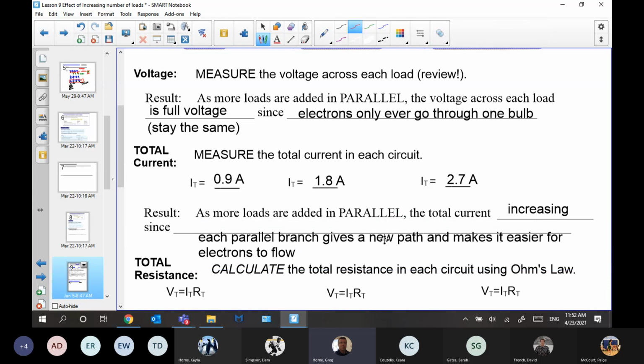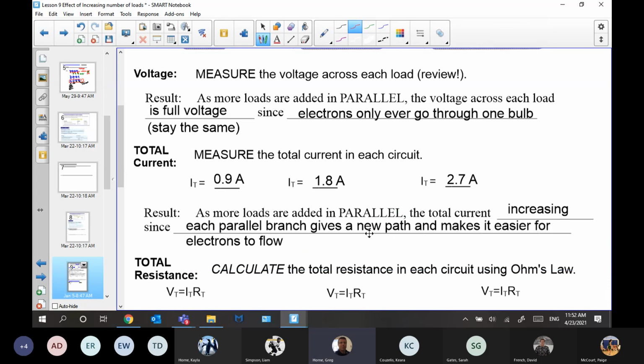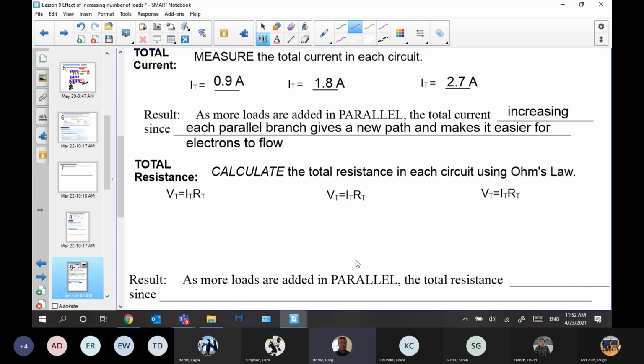So it's like having, well, at a grocery store, they open up an extra checkout, they open up 3 extra checkouts, whatever. If there's only one line and it's a big long line, they open 3 more cashiers. All of a sudden, it's way easier to get out of the store. It's the same idea. There's more paths to get out of the store.